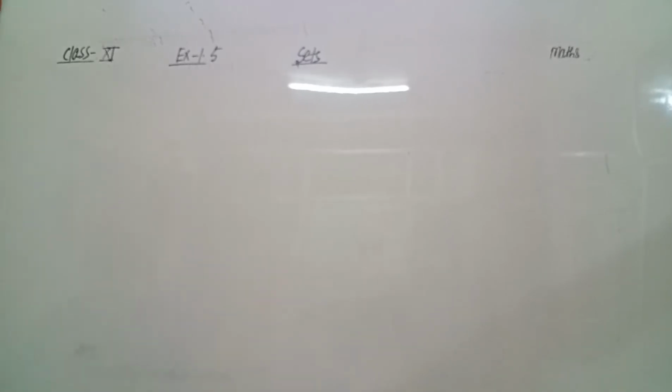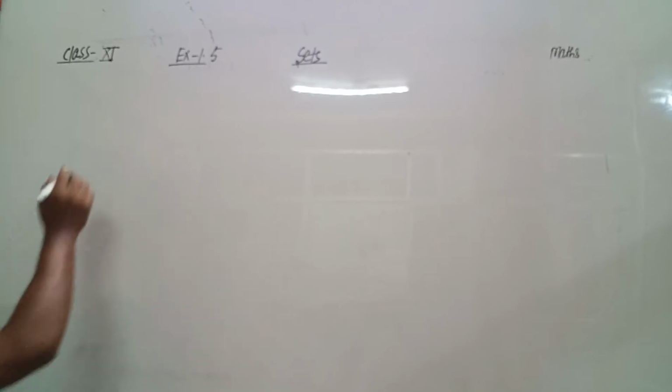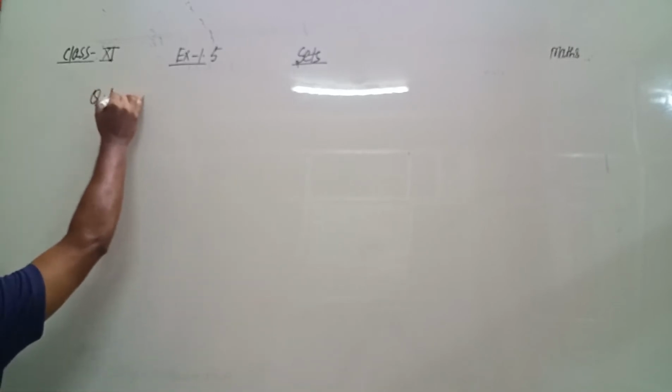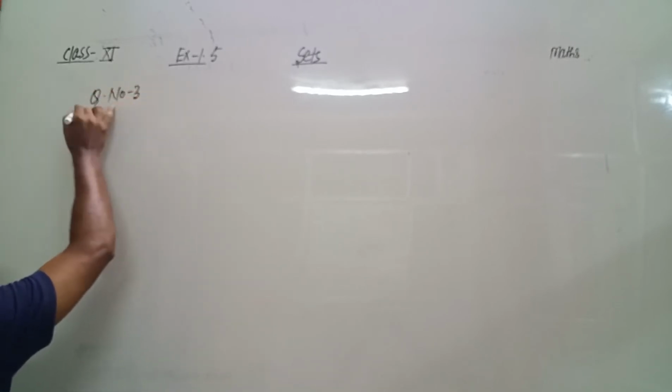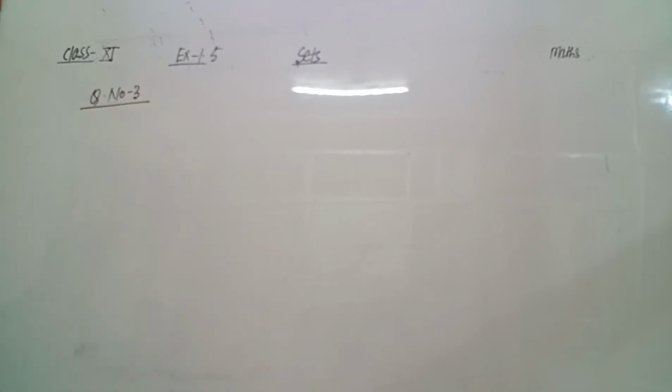Now the next question, question number 3. Taking the set of natural numbers as universal set, write down the complement of the following sets.